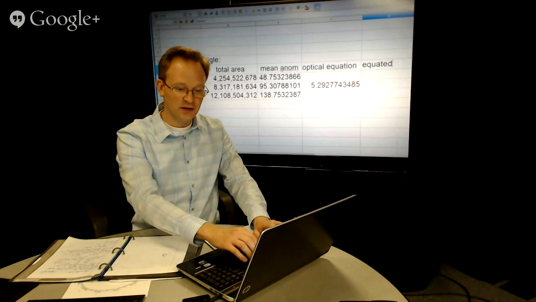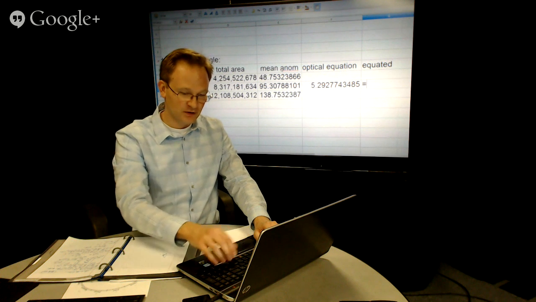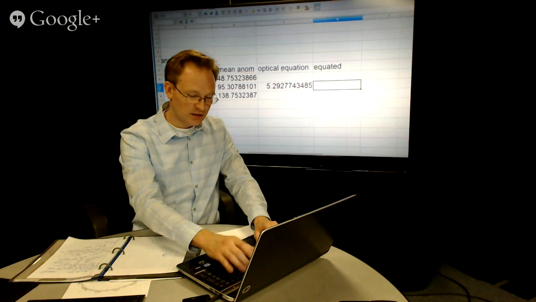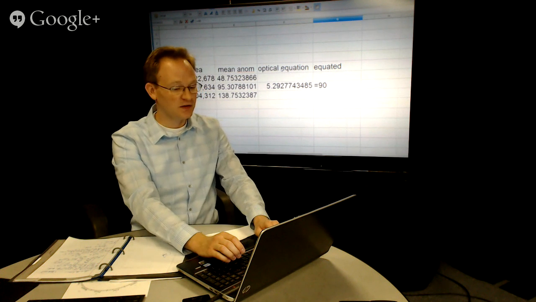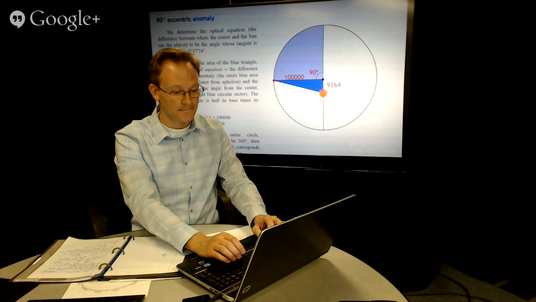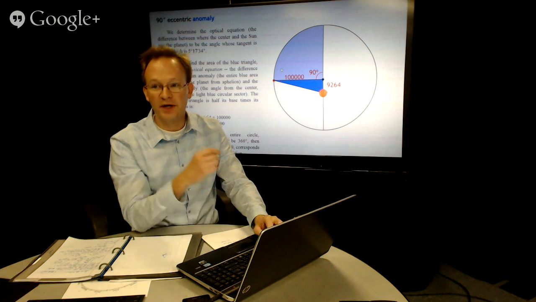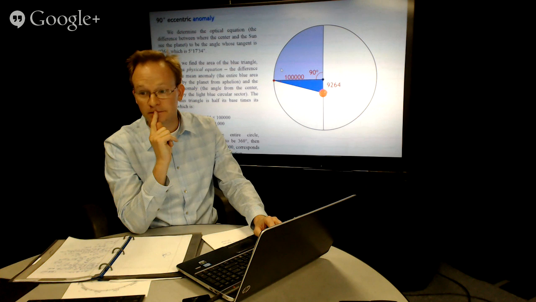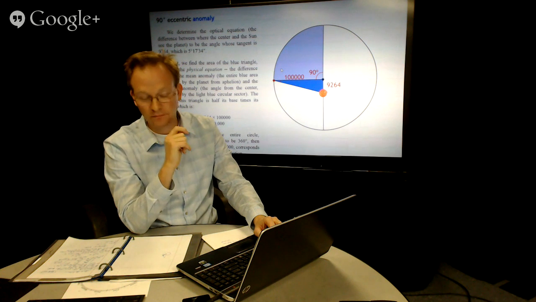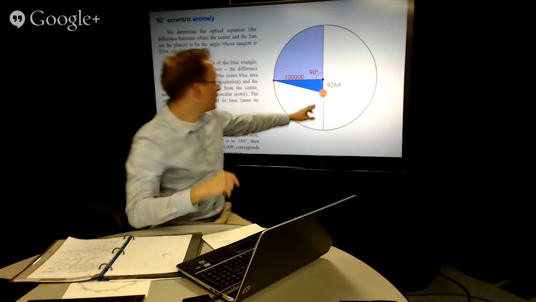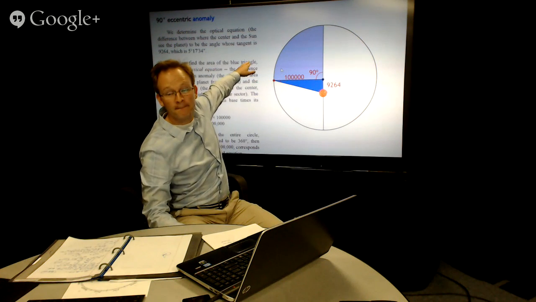So this is the mean anomaly, and the optical equation. The equated anomaly is equal to 90 degrees, and then is it plus or minus those 5 degrees? Is the equated anomaly 5 degrees more than 90 or 5 degrees less? The equated anomaly is where the sun sees Mars.